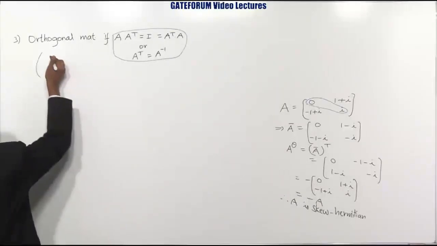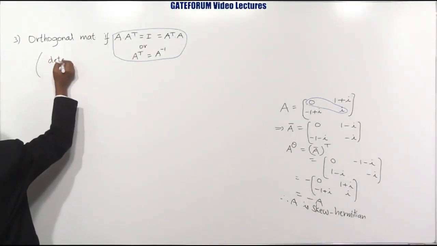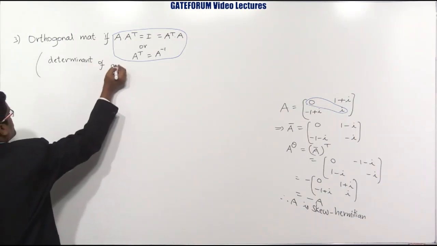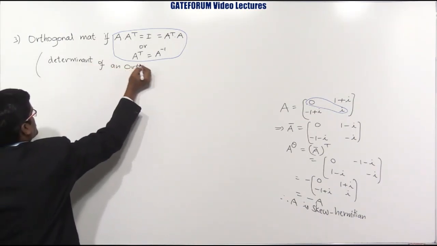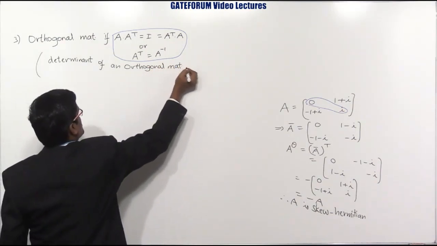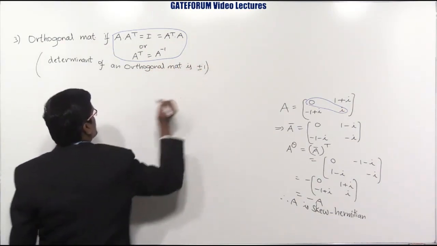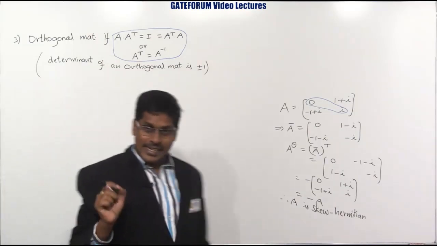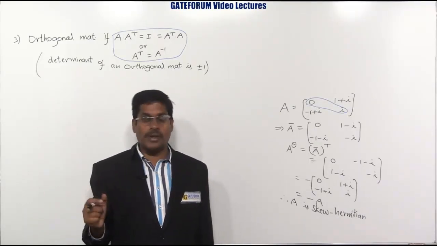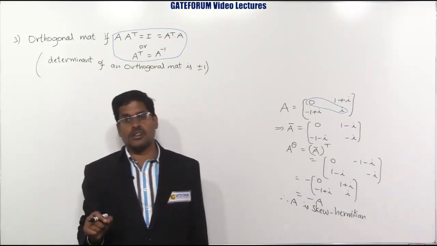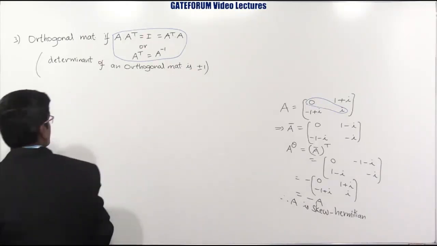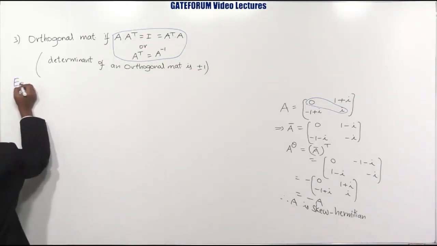The determinant of an orthogonal matrix is plus or minus 1. If you calculate a determinant and get plus 1 or minus 1, it doesn't mean the matrix is orthogonal. But when you know that a matrix is orthogonal, definitely its determinant is either plus 1 or minus 1.